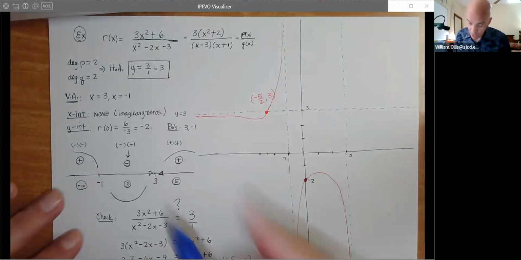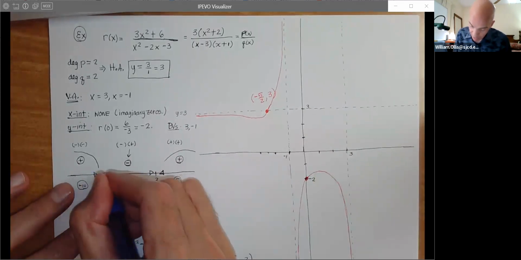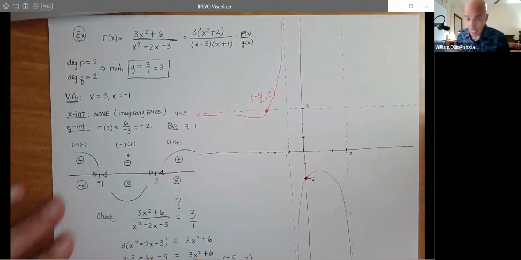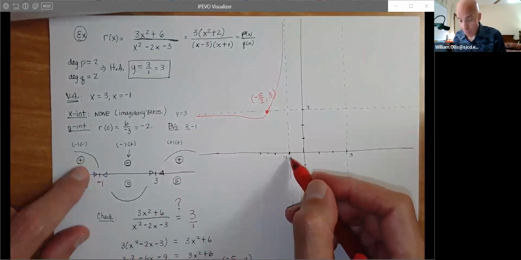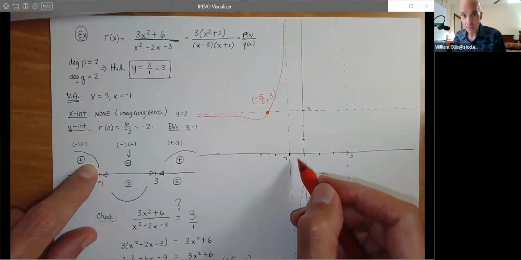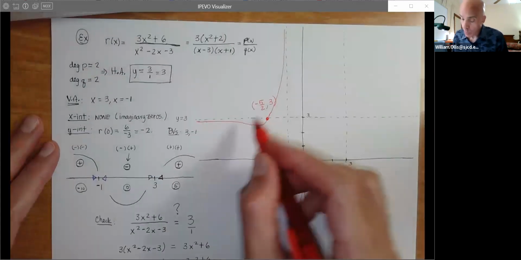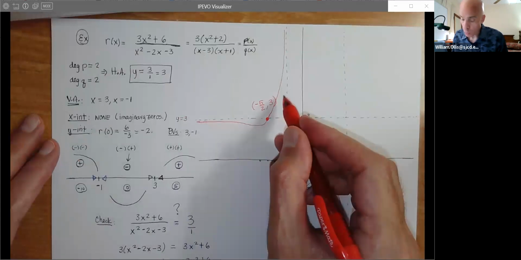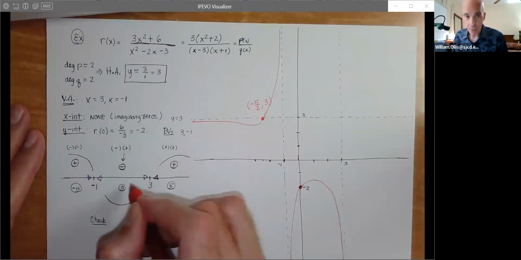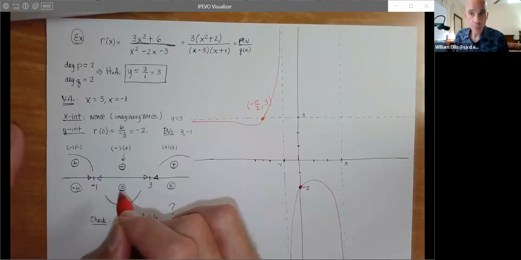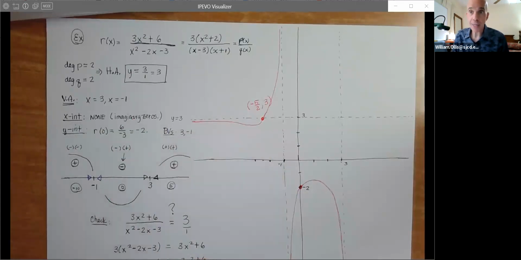So this is where this little sign test gives us all the information we need, at least for a cheat graph. So as we approach -1 from the left, the approach must be in the positive infinity sense. So we would have to start here and then cross. We could not do the opposite. So the arithmetic that we see in the sign test gives us loads of information.